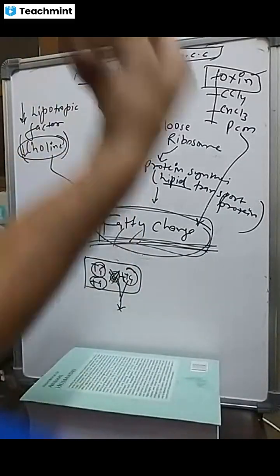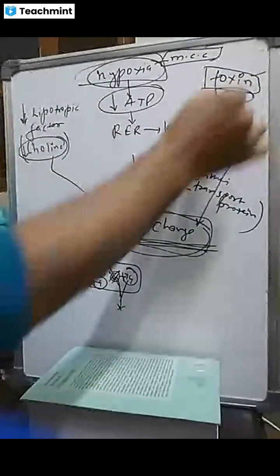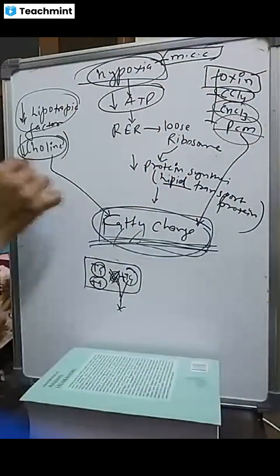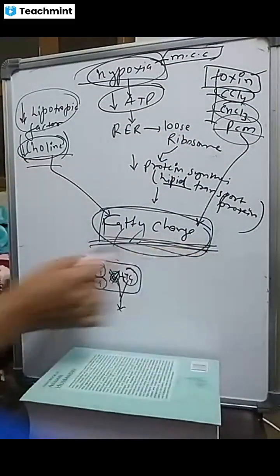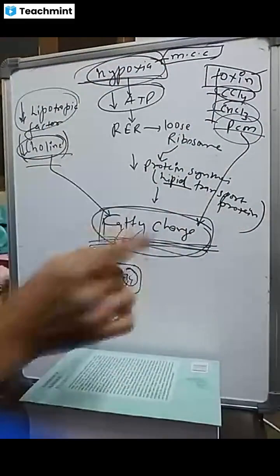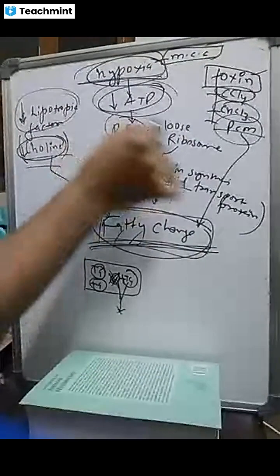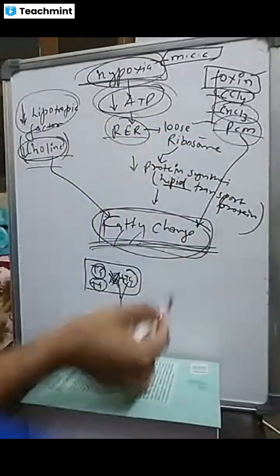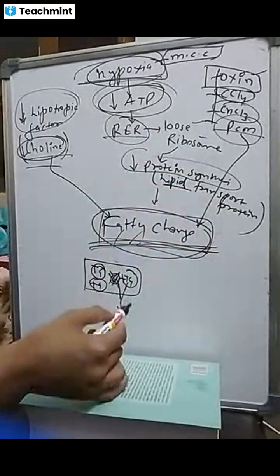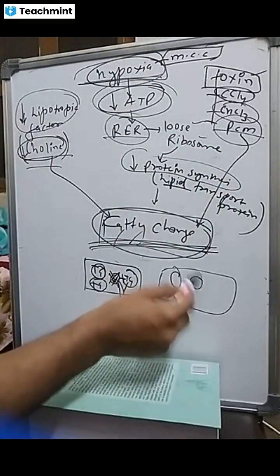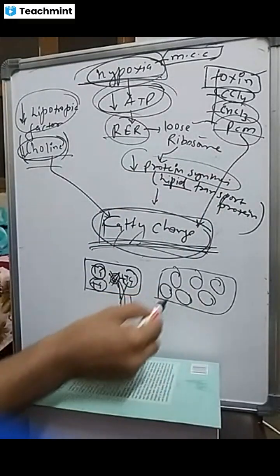So this is the reason. There are a number of reasons like CCl4, chloroform, halothane, lipotropic factor, choline deficiency causing fatty change. But in reversible cell injury, we are talking about the most common cause, which causes less ATP. The RER will lose its ribosomes. If they lose them, no protein synthesis, no lipid transport, then where will it go? It will stay inside.